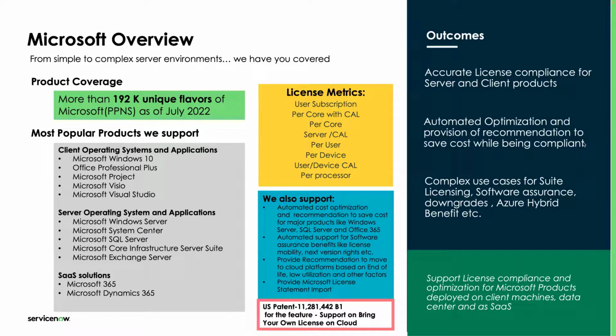We have very good coverage on the SKUs. We can see that 192K unique flavors of PPNs or SKUs are in our content library, which helps you to normalize the data in the most standardized manner so that you can get your effective license compliance position correctly.